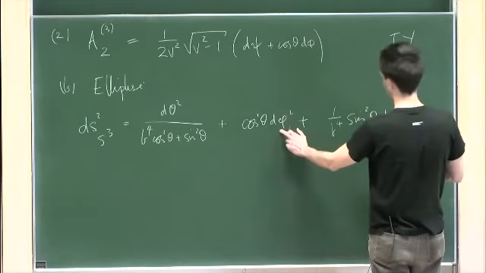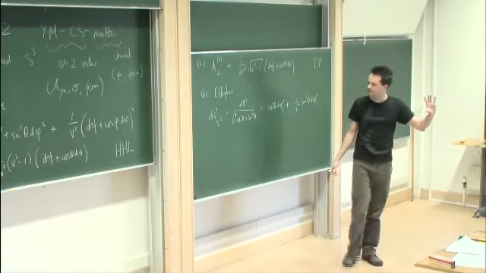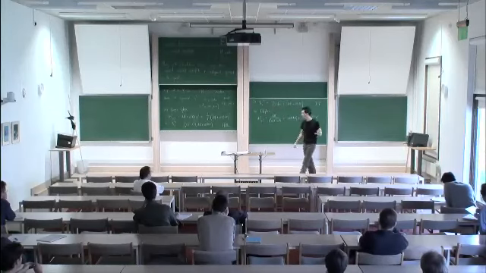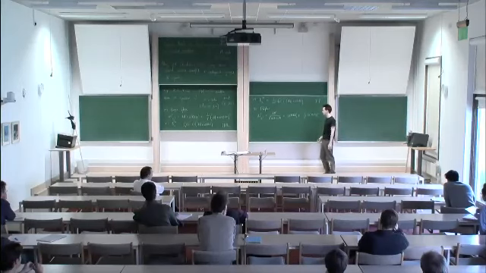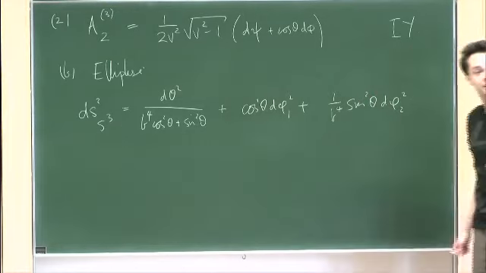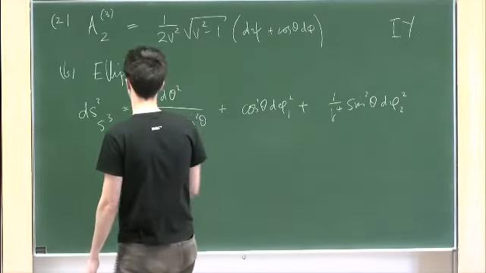So d by d phi 1 and d by d phi 2. If you view S3 as embedded in R4, R4 is R2 plus R2, and these two Killing vectors rotate the two copies of R2. Different coordinate system.